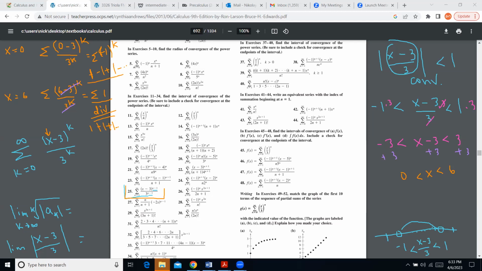This is also a divergent series because, again, the nth term is not approaching 0. So our series is absolutely convergent on the open interval between 0 and 6. So we got that answer.